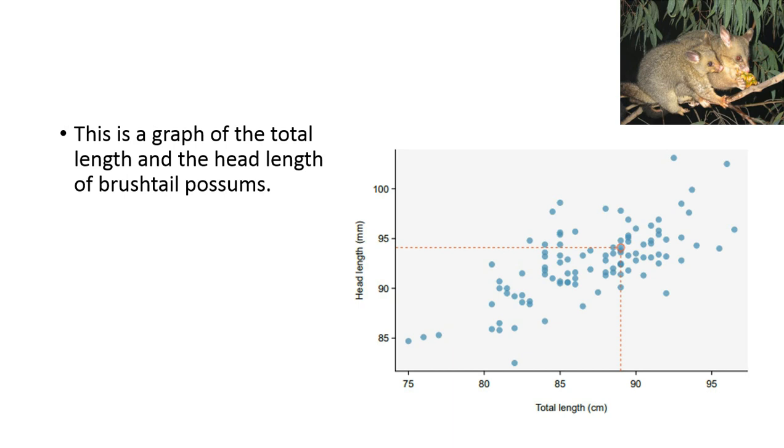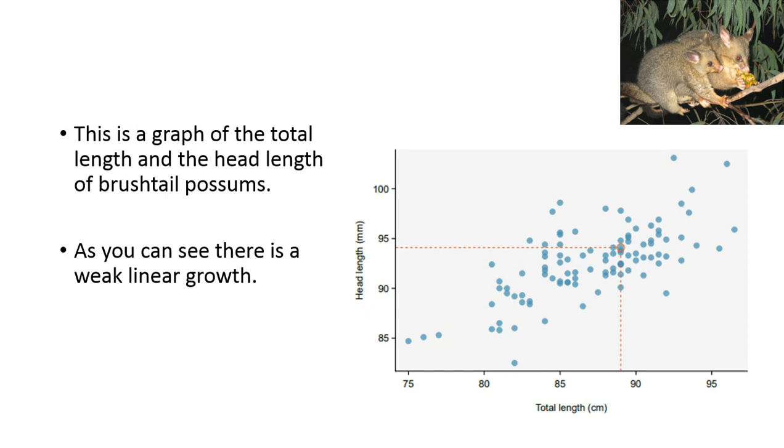So that's what each of those points represents. If we're looking at this, we could say that it's linear. It looks like as the total length increases, the head length of these animals also increases, which kind of makes sense. If an animal's bigger, then it's going to have a larger body part, a larger head in this case.